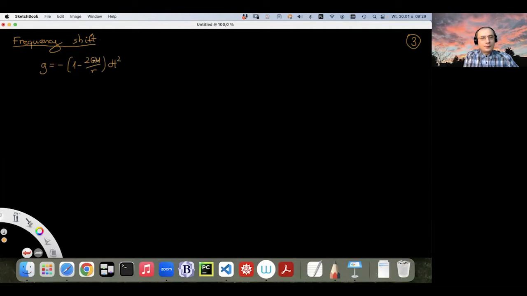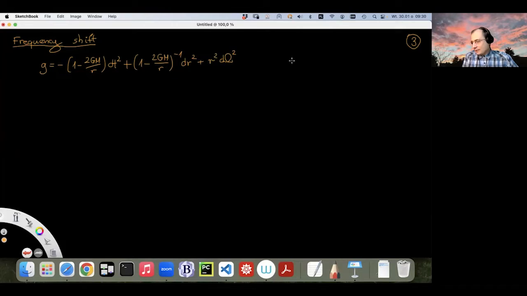Recall that we use c equal to 1, so this product G times M has the unit of length. ... 1 over (r minus 1) dr squared plus r squared dΩ squared.